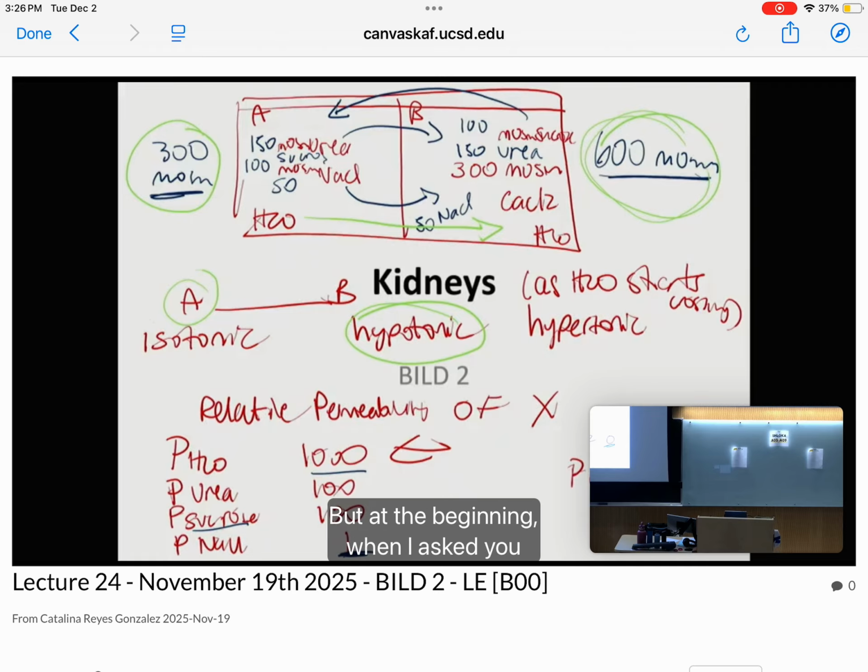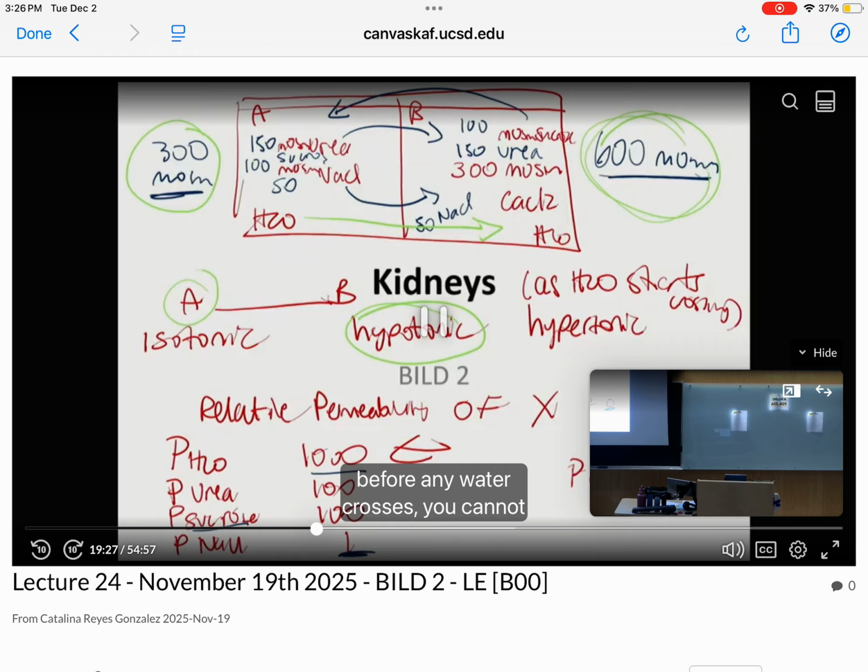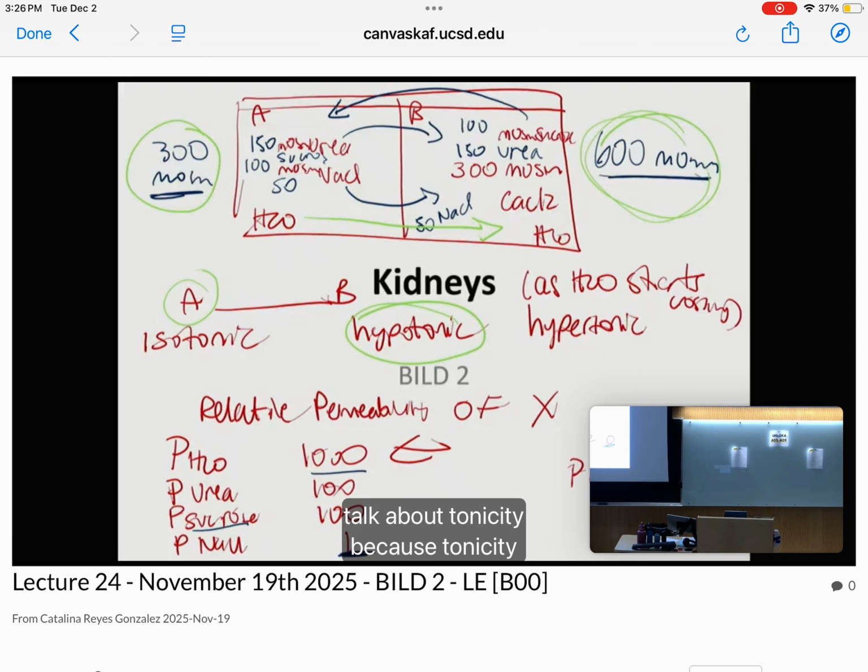But at the beginning, before any water crosses, you cannot talk about tonicity, because tonicity involves the movement of water given the solutes. Do you know what I mean? So you can talk about tonicity and osmolarity when we're back at equilibrium at the end.